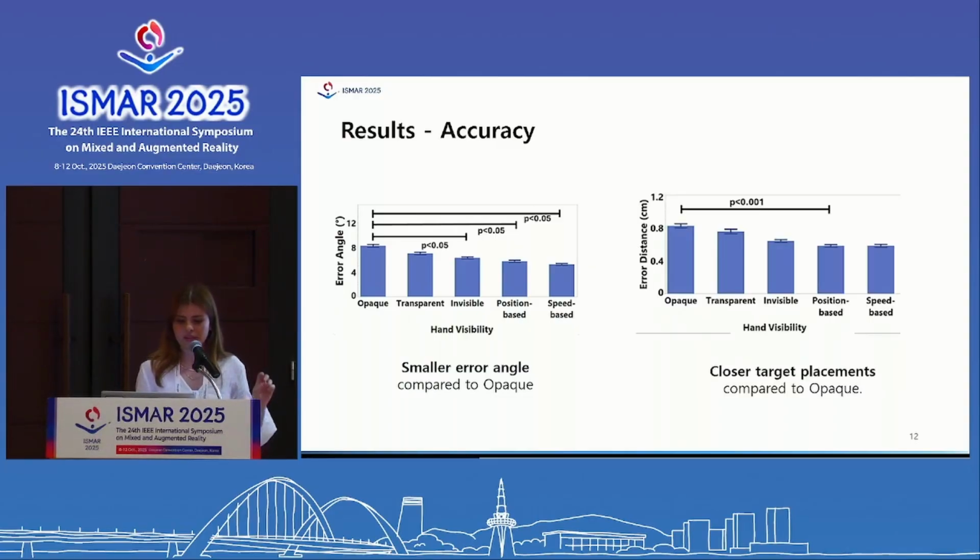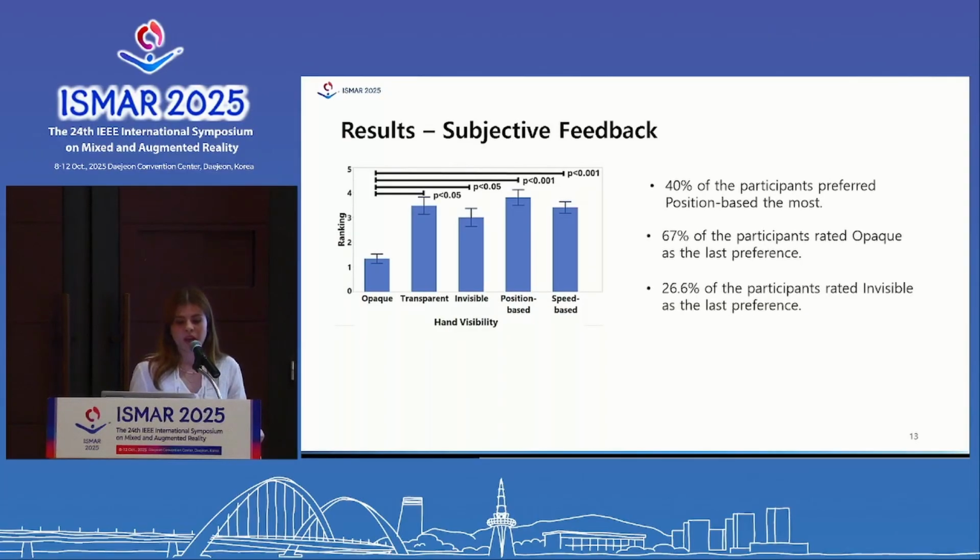And only position-based resulted in closer target placements compared to opaque. In our subjective feedback, we received mixed feedback. For instance, 40% of the participants, I think 6 out of 15, preferred position-based the most.